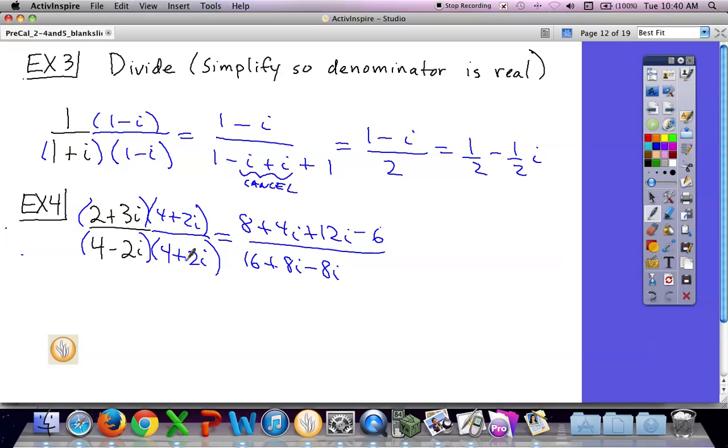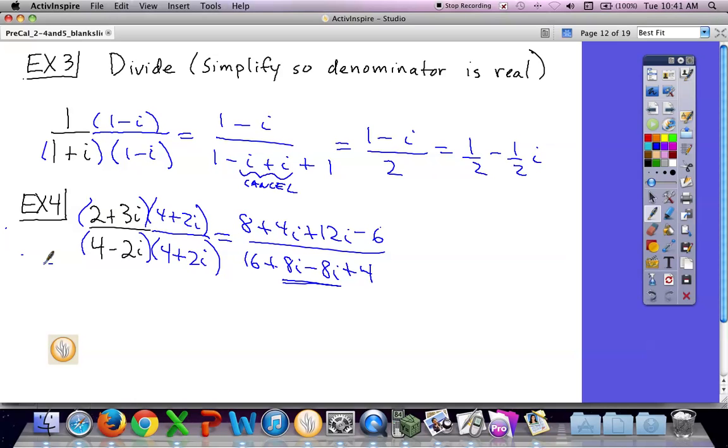Negative 2i times positive 2i, minus 4i squared, which is plus 4. So again, these two are going to cancel. That's why you really don't have to do all 4 terms when you multiply conjugates, because they're going to cancel.